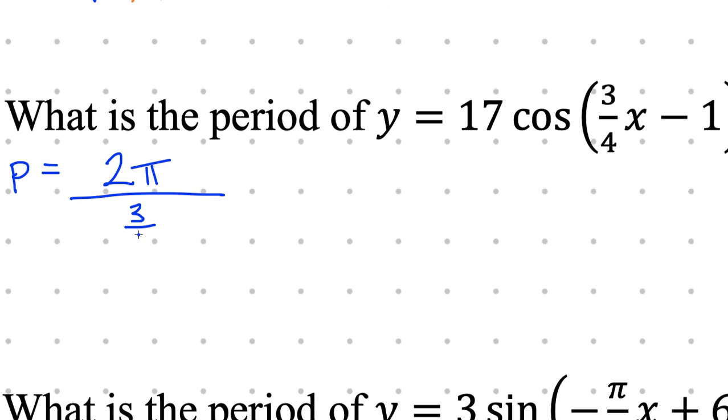There it is, thank you. We have to do a little bit of math here because we have fractions embedded in fractions. So really what I have here is 2 pi divided by 3/4. I'm just changing this fraction symbol into a divide symbol.